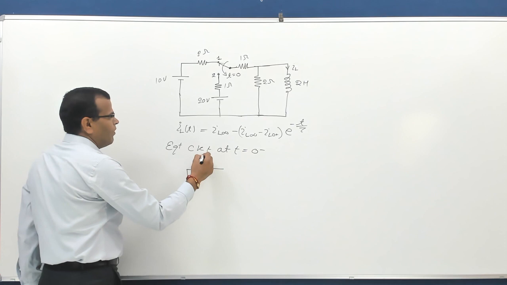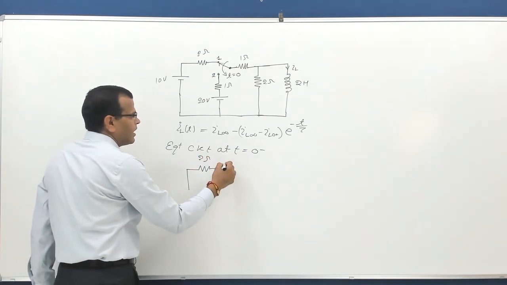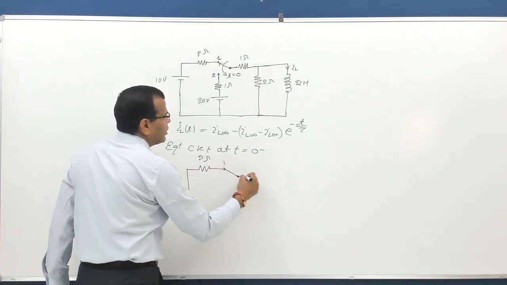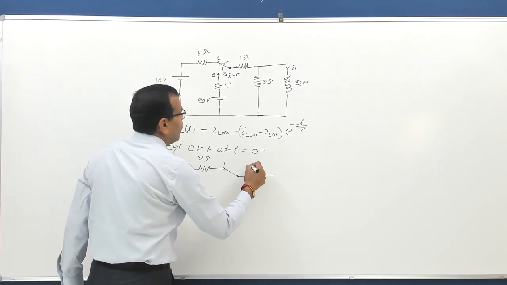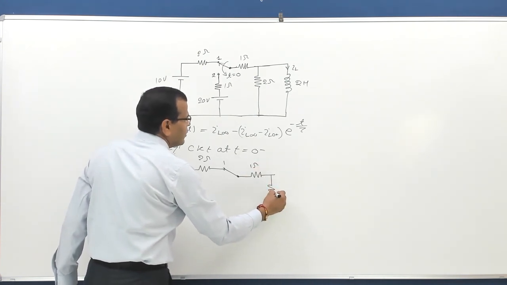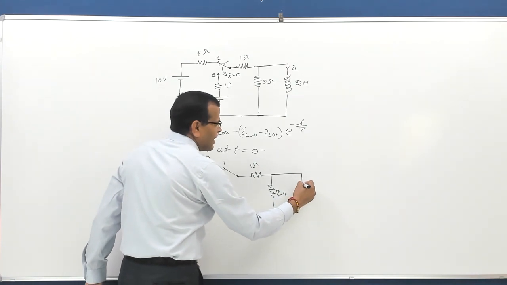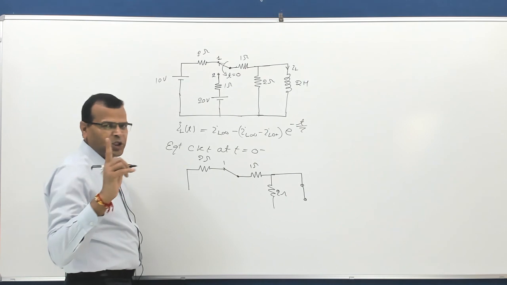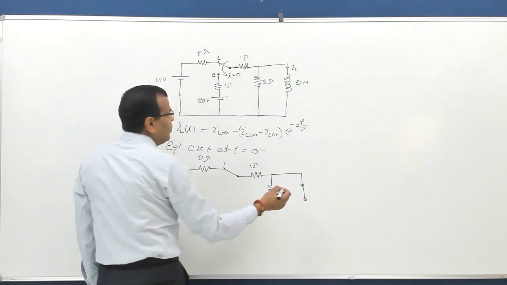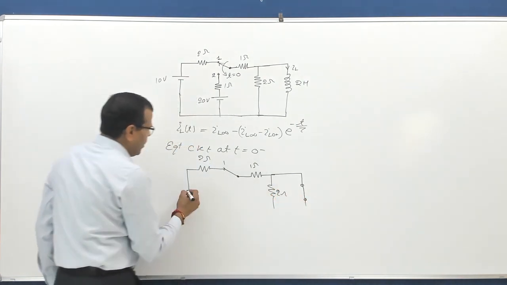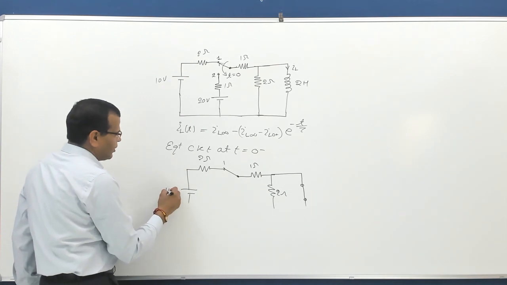We have a 2 ohm resistance, then terminal 1, a switch, then a resistance of 1 ohm, then a resistance of 2 ohm here, and the inductor. And as I said, the inductor behaves like a short circuit at t equal to 0 minus. Now, a voltage source of 10 volt here.